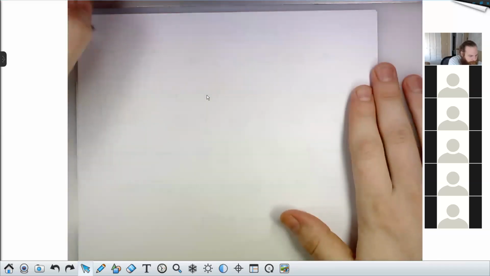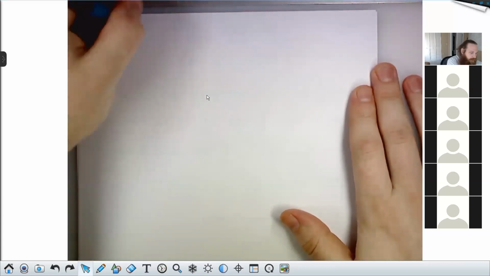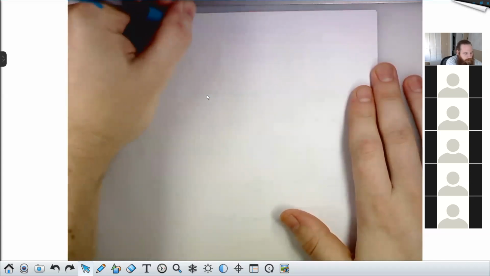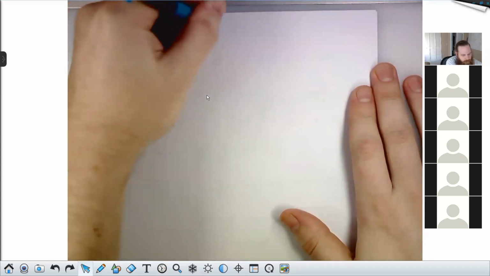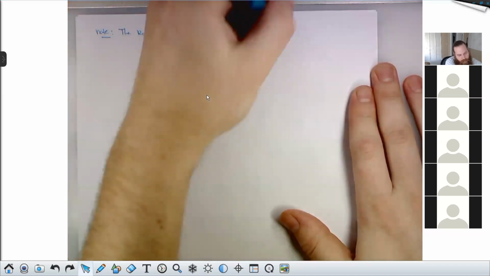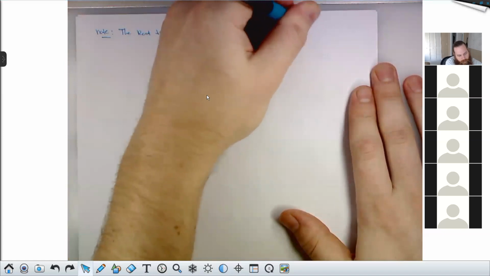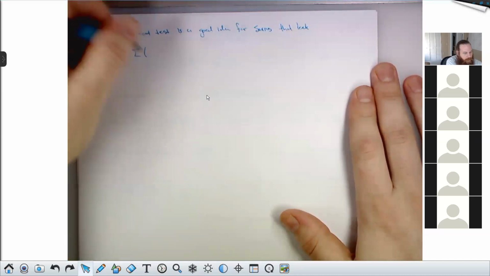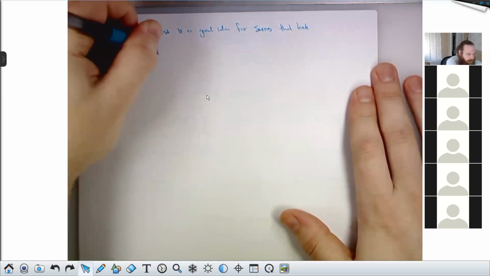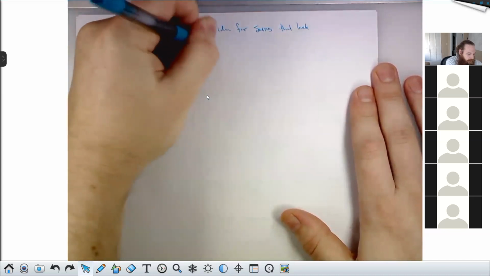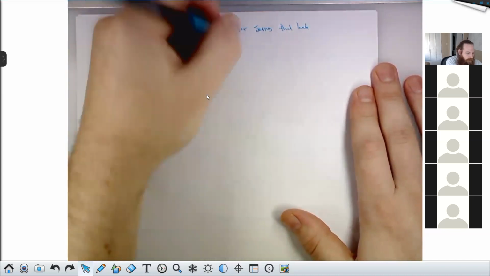I'll make a quick note here. The root test is a good idea for series that look like sigma of a bunch of stuff to the n, where the stuff isn't constant.